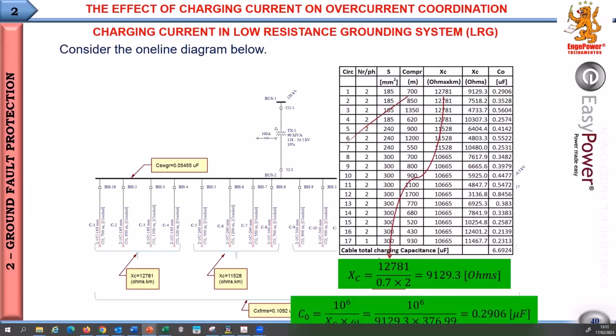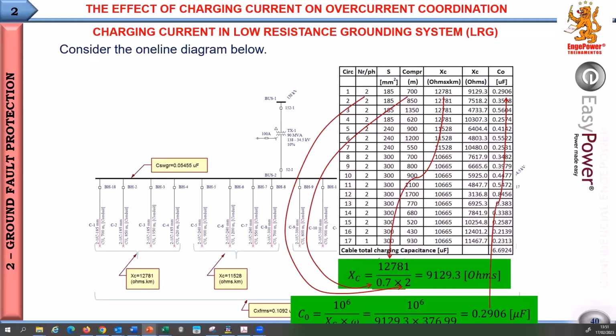And the charging capacitance will be 10 to the 6th power to have the results in microfarads, divided by XC times omega. So if we do this calculation, we will match with the values we calculated here.